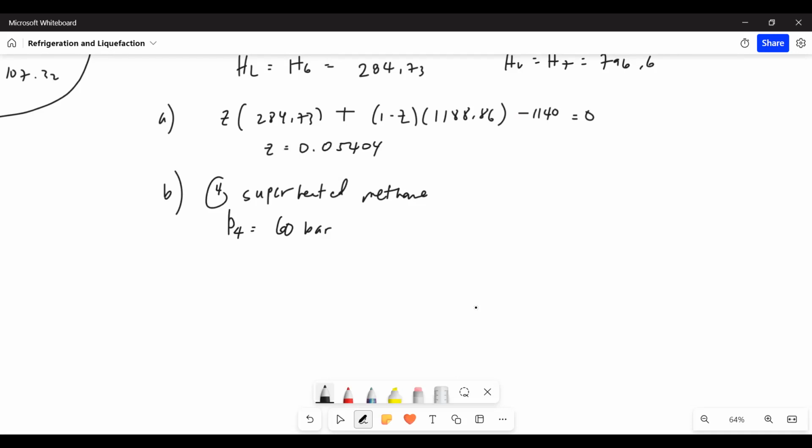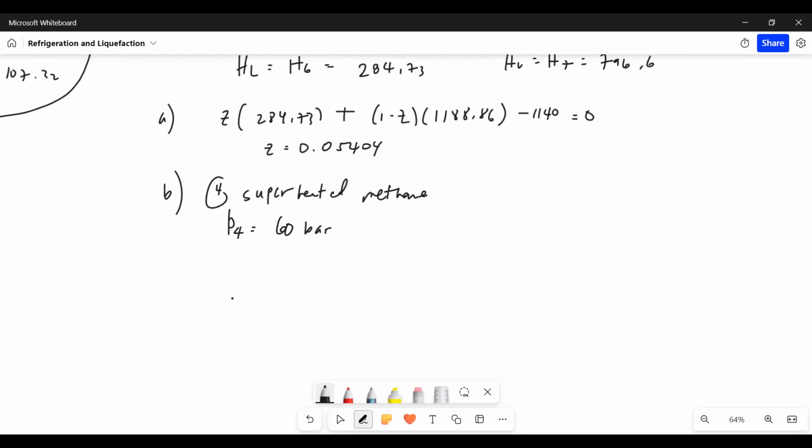So if we know the temperature, then we can read from the superheated properties. I mean, if we know another property, we're looking for the temperature. That's the unknown. So if we're able to know another property at this point, we can read T4 from the superheated table. And the other property that we can solve is enthalpy. Okay, let's solve for enthalpy.